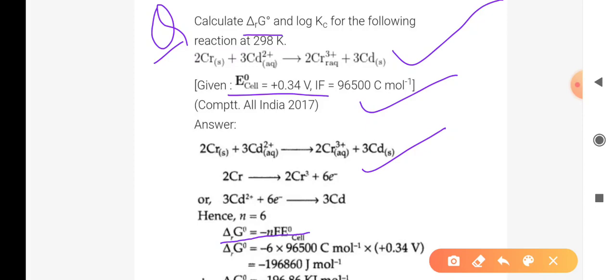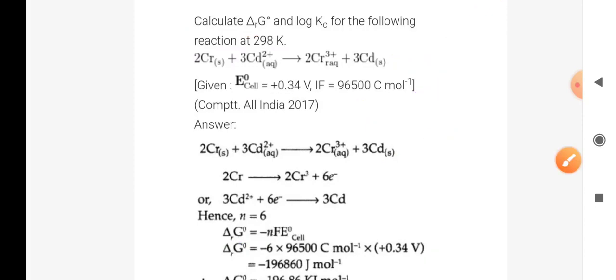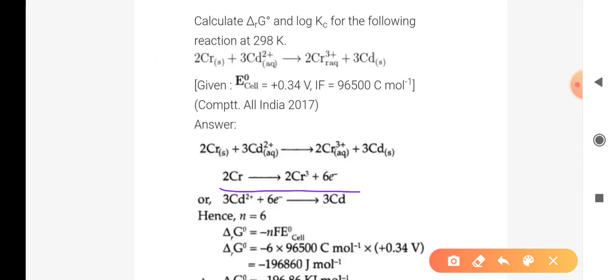So for this we need to calculate the value of N. N is the number of transferred electrons. So if one chromium is converting into chromium 3 plus, here 3 plus will come, and then 2 chromium atoms are converting into 2 chromium 3 plus ions, then 6 electrons will be transferred.